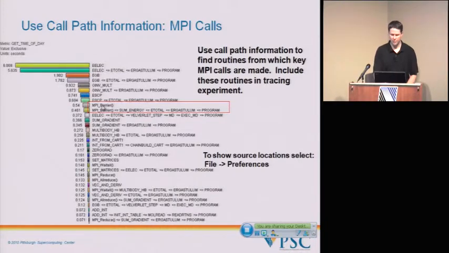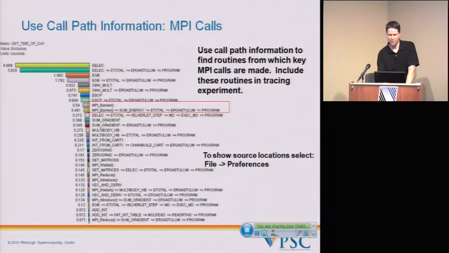But okay, here's the thing to take note of when you have call path turned on. You see these two MPI barriers sitting next to each other. The first one, if you have call path on, will show you just that function all lumped into one, just like you would see if you didn't have the call path on.